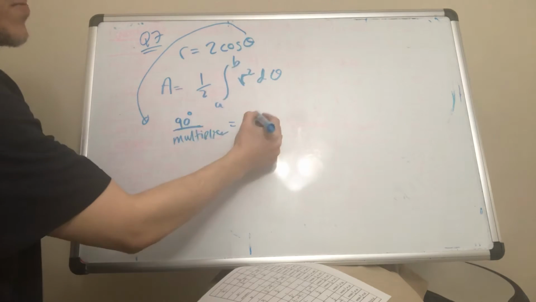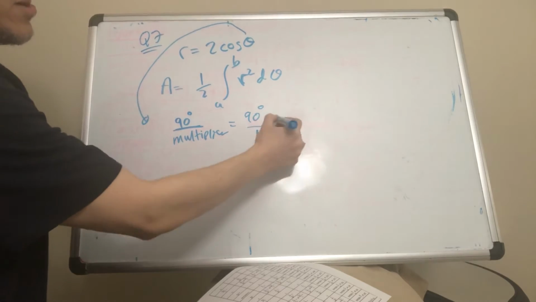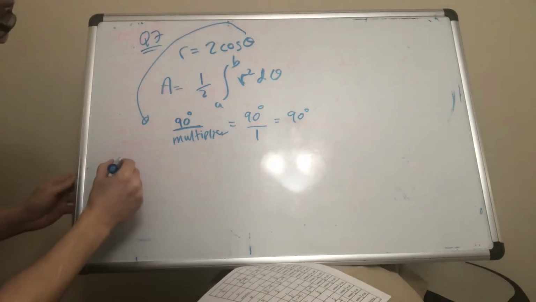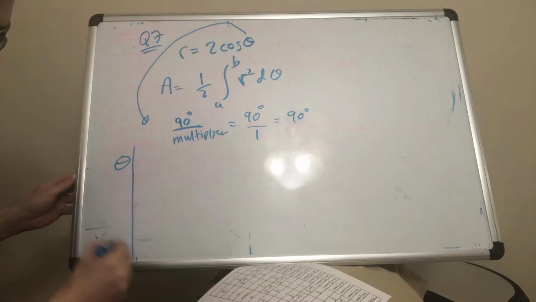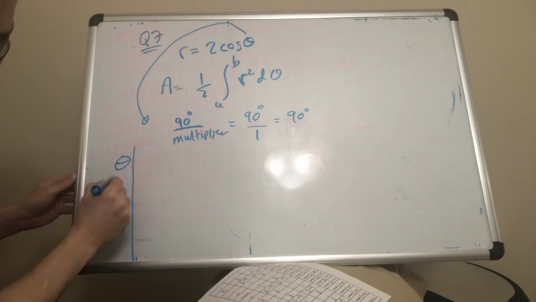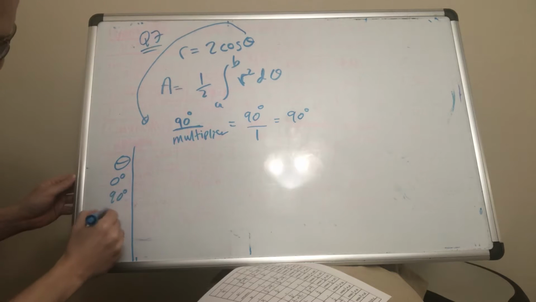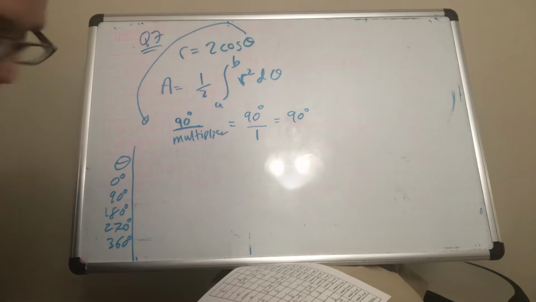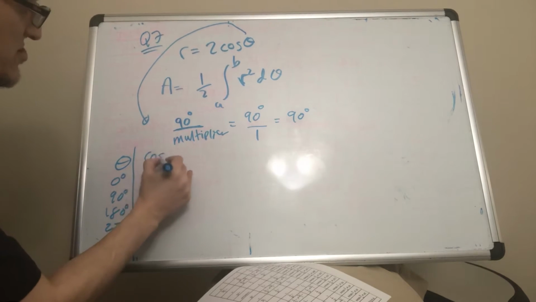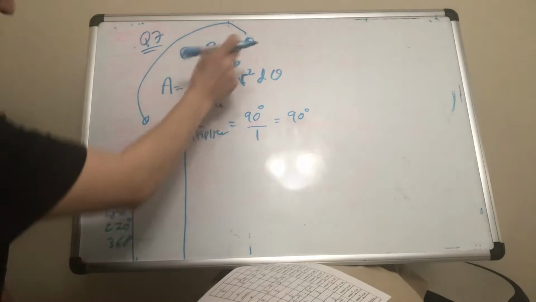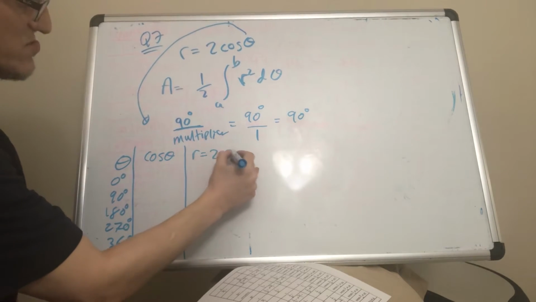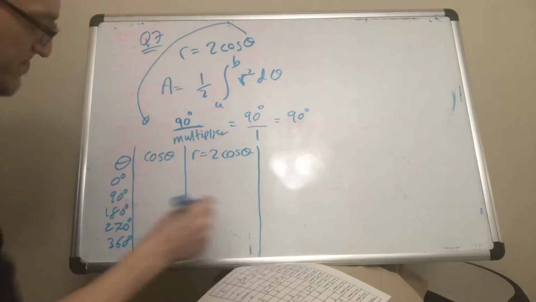There is no number in front of the theta, so you divide by 1, so it's 90 degrees. So what you do is, you start with 0 and you keep adding 90s till you finish a complete circle. You have cosine theta, that's the main, and then you need to figure out r, which is double cosine theta.